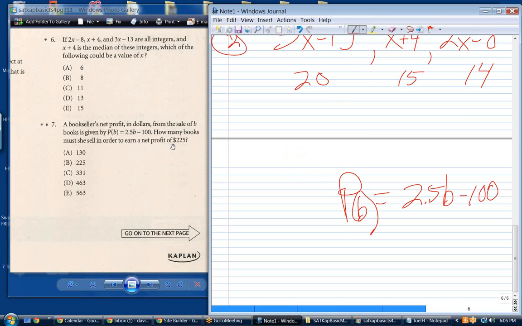How many books must she sell in order to earn a net profit of $225? What two techniques could we use to solve this?